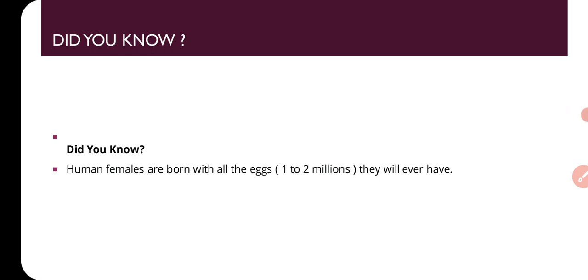They are immature, but after puberty the eggs start to mature. During puberty, because of the stimulation of hormones, the reproductive organs start to mature and become functional. At that time the eggs also start to become mature and the reproductive cycle starts.